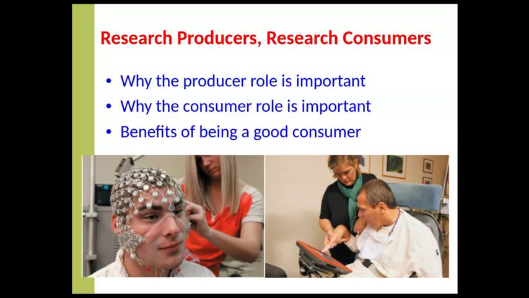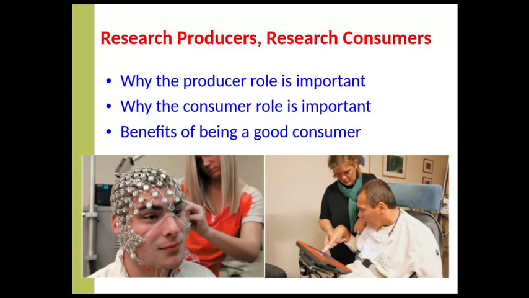So why the producer role is important. I already pointed this out in order to give you an idea before we got into this. To be a good producer, especially for this class, if you're going to be essentially conducting your own study, kind of hypothetical, you're going to need to know and understand how the original study was conducted and how you can change it to give it your own new flair.